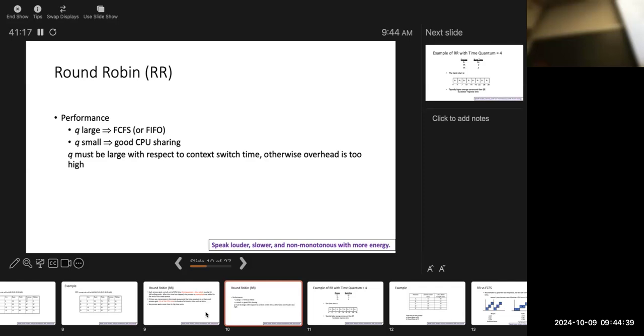Let me try to explain it using an example. Let's suppose you have a process with an execution time of 10 time units, which is the CPU burst time in our case.